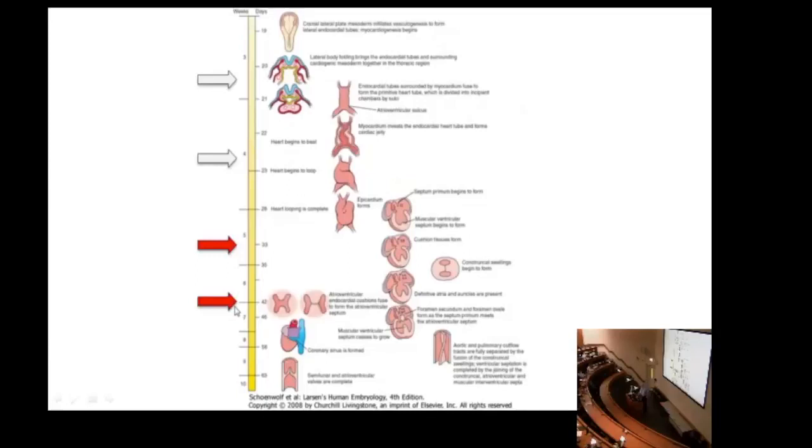It will become complete close to the 48th day, but we're in between 33 and 42 days at this point. Now, the times are not so much important for you. I just want to let you know kind of where this is happening. 42 days, that's 6 weeks.